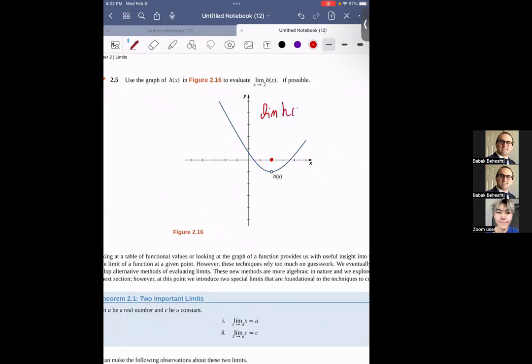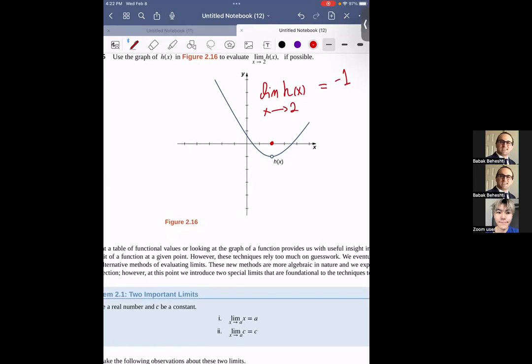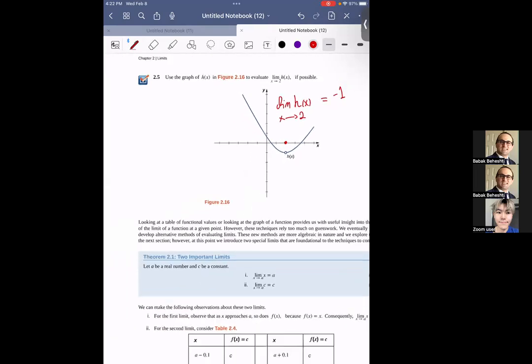Limit of h of x as x approaches 2 is equal to, so the values of h as x approaches 2, they approach minus 1, because it's negative. Okay?